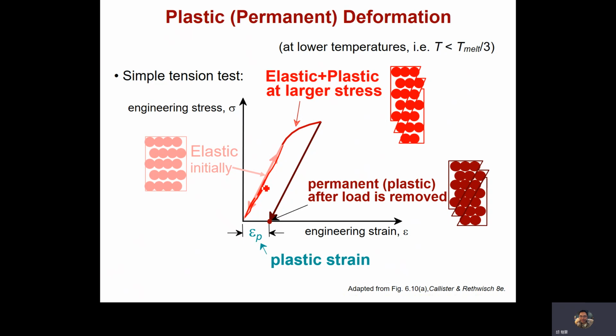However, when the force or stress is higher than a certain value, plastic deformation occurs, right? And when the deformation reaches this point, and after the force or stress is released, the length will not return to its initial state, right?